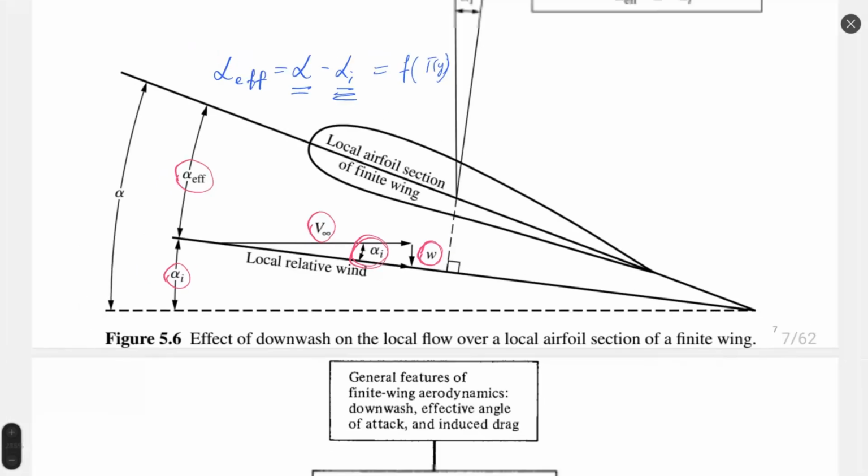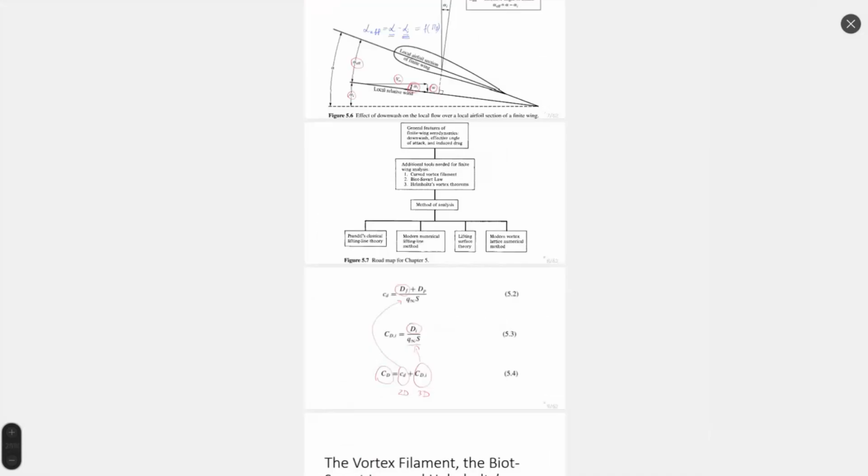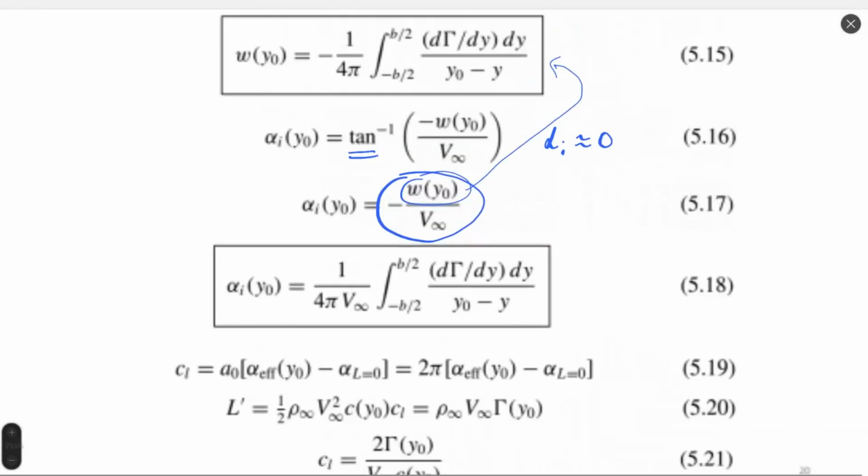For each coordinate y, induced angle of attack will be different, and this is why effective angle of attack will also be different. Why is effective angle of attack important for us? Because it's the angle of attack which we use to calculate lift.